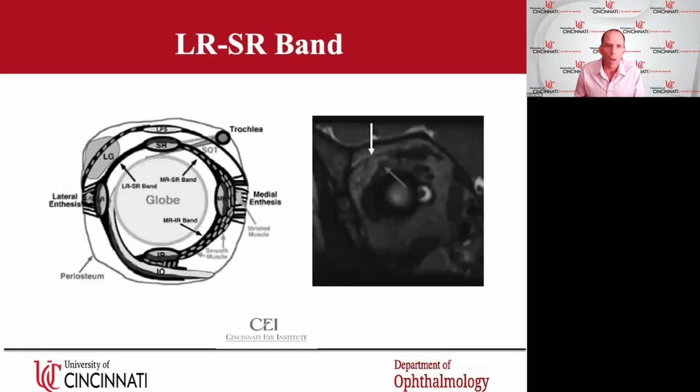And what they found was that this lateral rectus, superior rectus band, which is right here between the lateral rectus and superior rectus, would be disrupted and the pulleys would be misplaced.